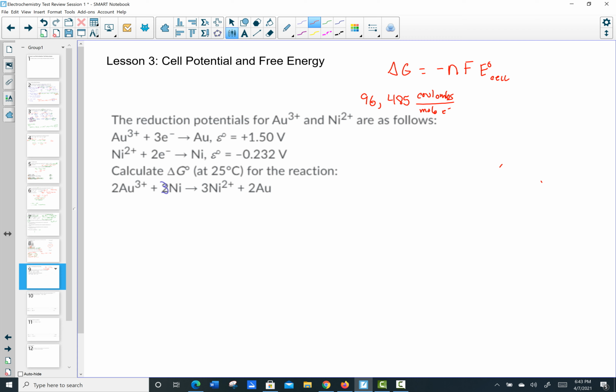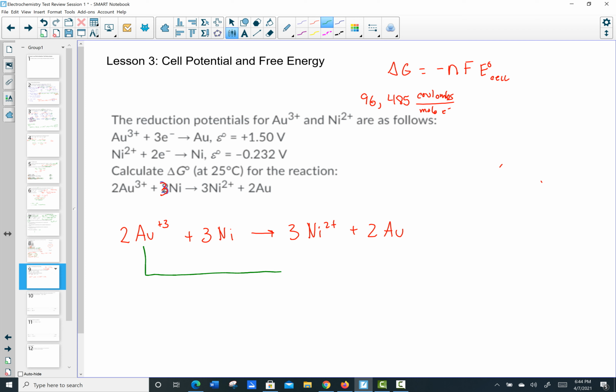Calculate the delta G under standard conditions for the following reaction. Let me rewrite this with you. 2 Au3+ plus 3 Ni yields 3 Ni2+ and 2 Au.